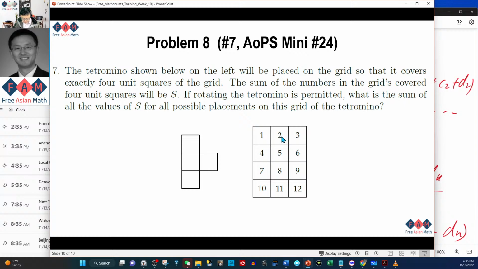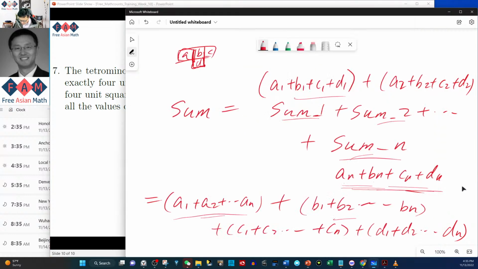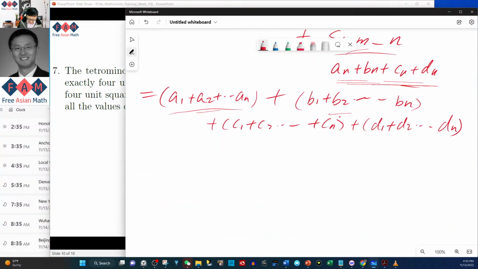Say this position 2, how many times will this 2 be covered? That's the same thing. So essentially we break down those numbers into 12 groups. And each group is based on a particular cell in the 4 times 3 grid. That particular cell, how many times will this cell be covered by all those coverages.